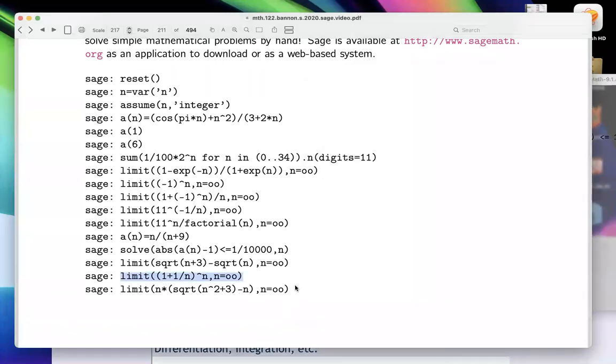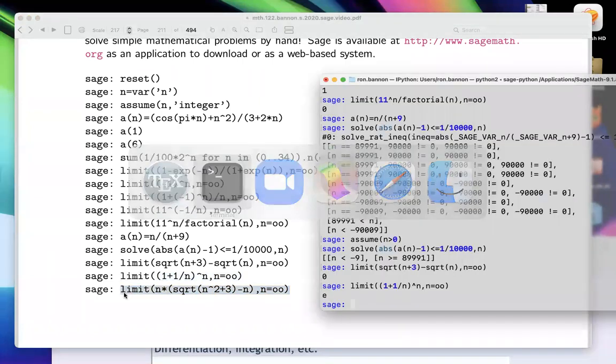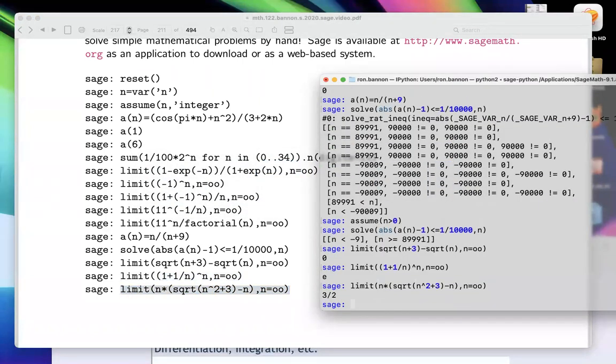All right, let's do the last line of code. And what do you get over there? The limit of n times the square root of n squared plus 3 minus n, as n goes to infinity. Here's another good one. That's a struggle one, though, I'll be honest with you.